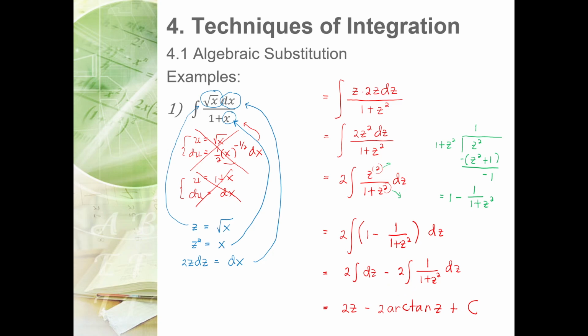I just took a shortcut. And of course, don't forget to bring back the value of your z parameter. So you have 2 square root of x minus 2 arctangent square root of x plus c. So this one is your final answer.